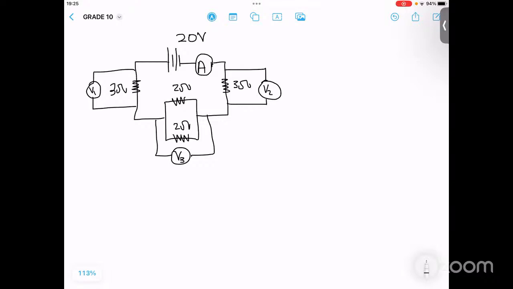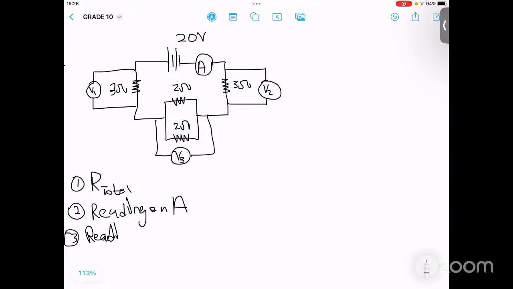Obviously, you calculate R total. Number 2, a reading on the ammeter, reading on A. Number 3, reading on V1, V2, and V3.